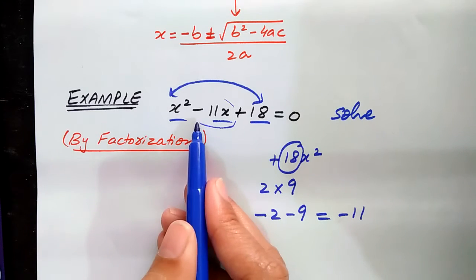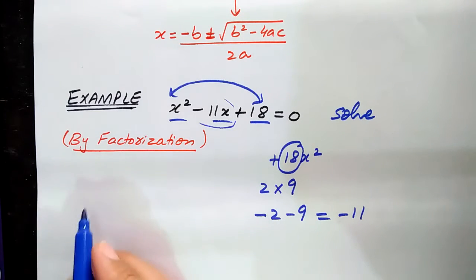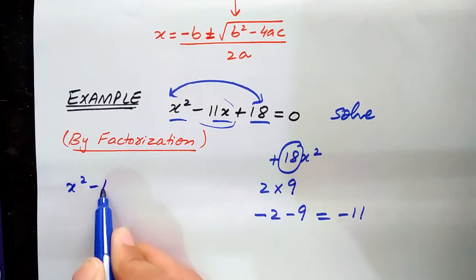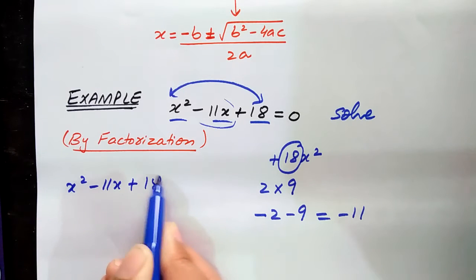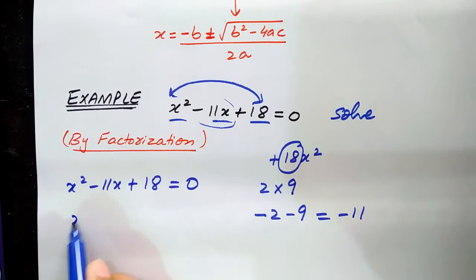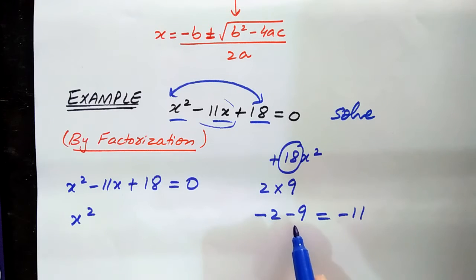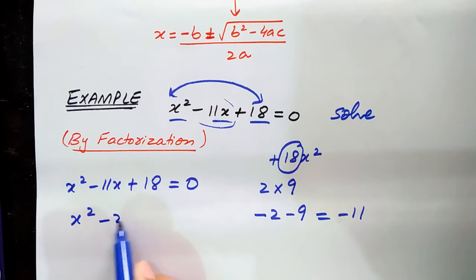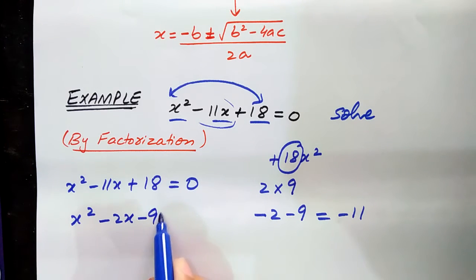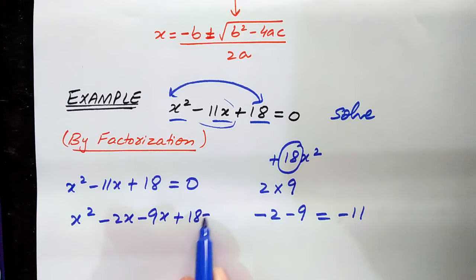So we can split these three terms into four terms: x square minus 11x plus 18 equals 0. x square minus 11x can be written as minus 2x minus 9x, and plus 18 equals 0 as it is.